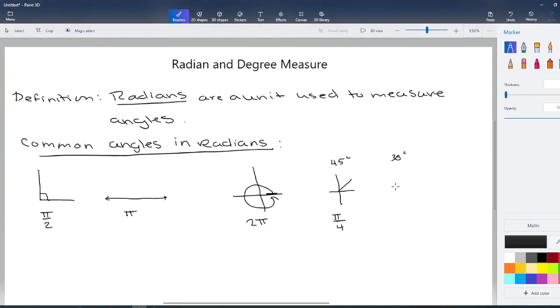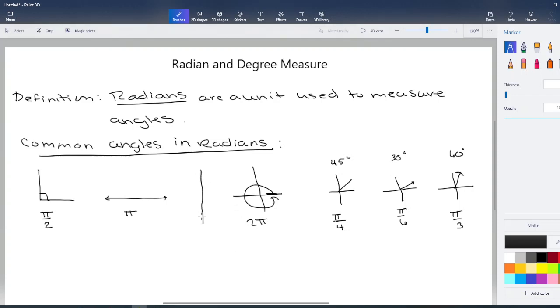So our 30-degree angle, right, which is a very small angle like this, is going to be pi over 6. Okay. And our 60-degree angle, which is our last angle from our special triangles, okay, that's going to be pi over 3. Okay. So these are our most common angles in radian measure.